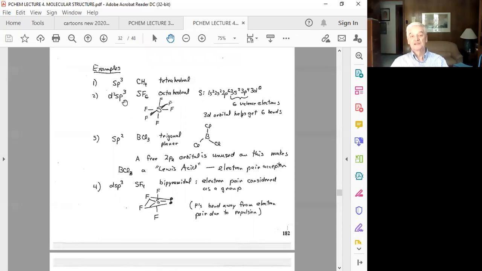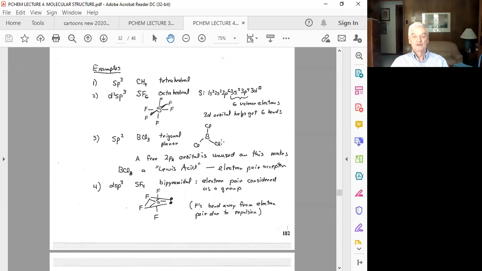SF6 has d2sp3 contributions. In other words, 50% contribution from each p orbital, 1/3 contribution from each d orbital, 1/6 for each of these SF bonds. But the molecular orbitals that are going to come out for SF6 will look very different from what the hybrid might imply.